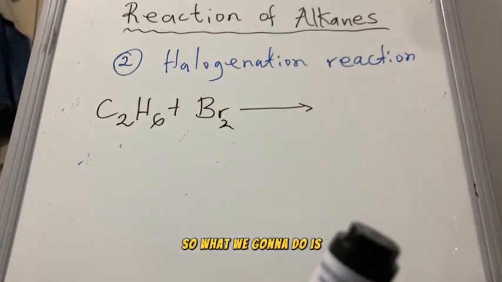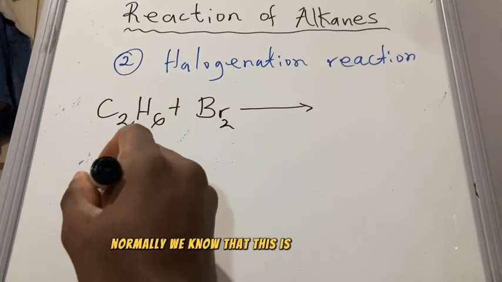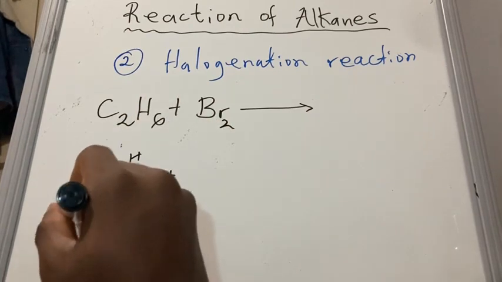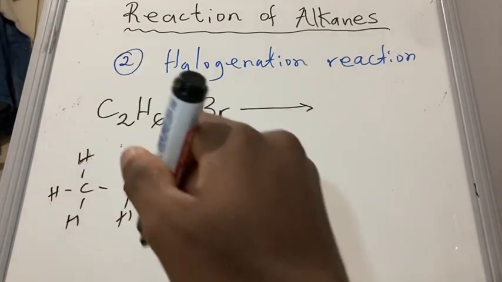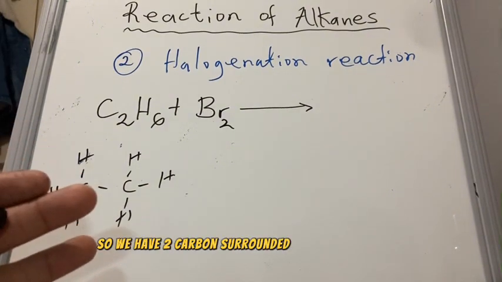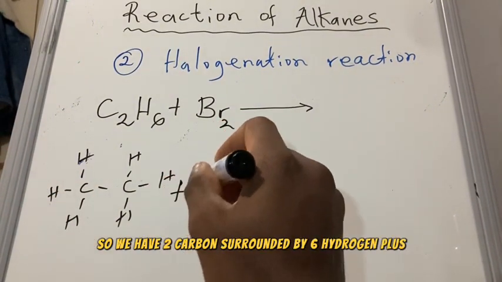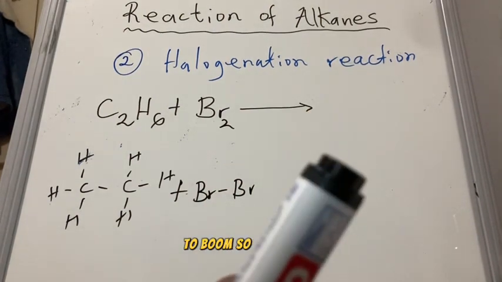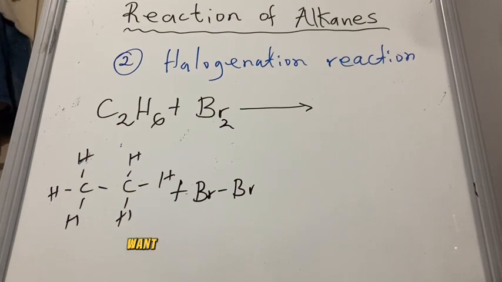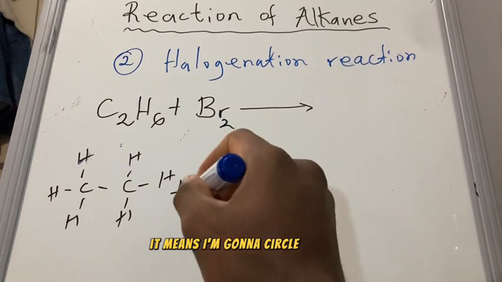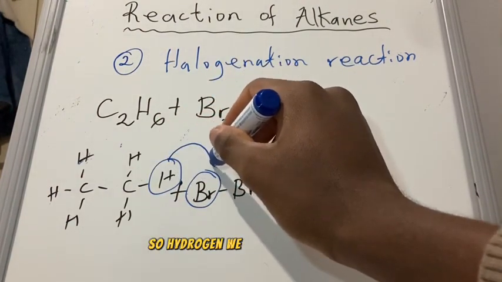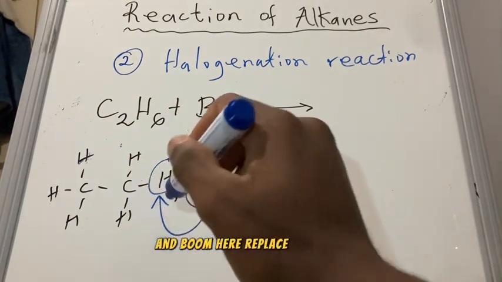Normally we know that this is 2 carbons surrounded by 6 hydrogen, plus 2 bromo. So we want to write the product of this reaction. What we're going to do is circle bromine and circle hydrogen. So hydrogen replaces bromine here, and bromine here replaces hydrogen.